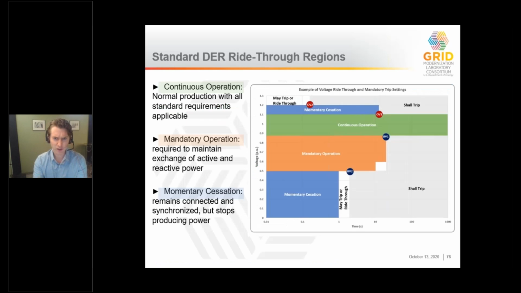But just to give a flavor of what the responses are, there are standard operating regions defined that contribute to bulk system reliability by having the DER pull in the same direction as the bulk system needs. So we won't go into these regions in detail, but this was a change in IEEE 1547 as well. And next slide, please.